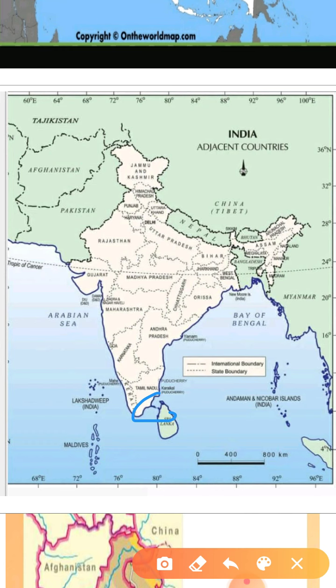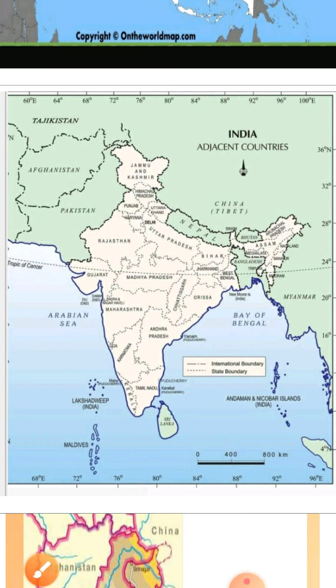So the question here is, by which strait is Sri Lanka separated from India? That is the Palk Strait. Then you can see the Gulf of Mannar. The Palk Strait is also called the Gulf of Mannar.